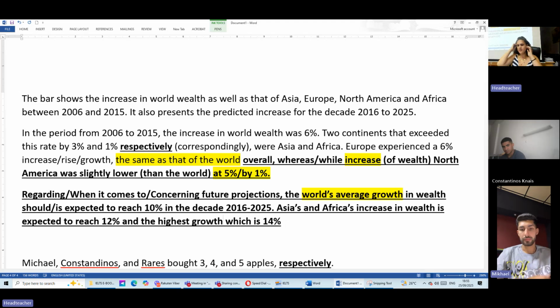The highest growth is 14%. The highest growth, which is 14%. Or you can say which is or add 14%, it's okay, because it's a static number. And then the magic word, correspondingly or respectively.